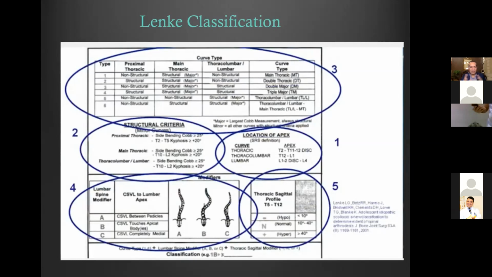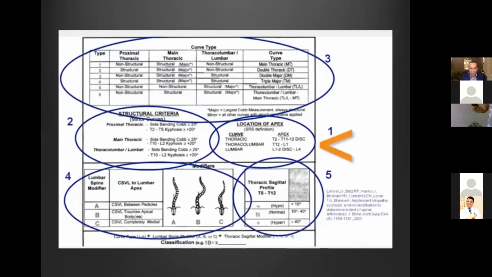So this is also a very busy table, as you see. But if we discuss it and you have it in your hand all the time, it's very easy to use. First of all, we are talking about the location of the apex. The spinal column is divided into three major areas, and the thoracic curve is from T2 to the disc space of T11-T12.